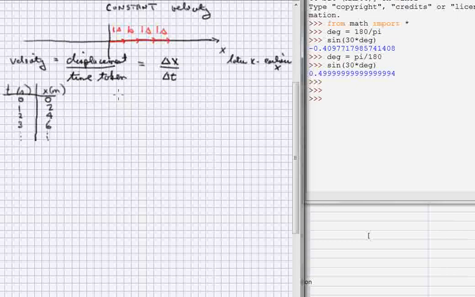So if I were to plot this in terms of the position versus the time, I would get something that looks like this. So this is x in meters versus time in seconds, and I'm going to get something that looks like this. I'll plot it in red here.